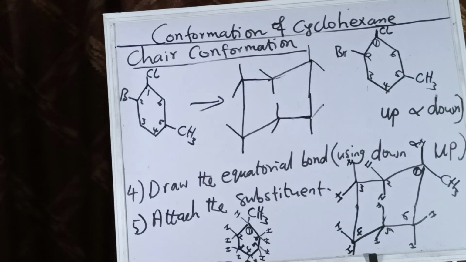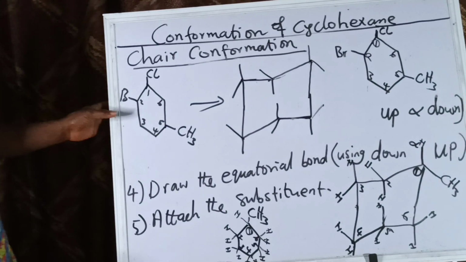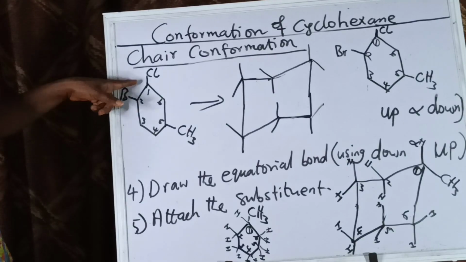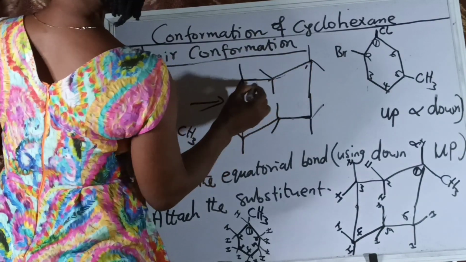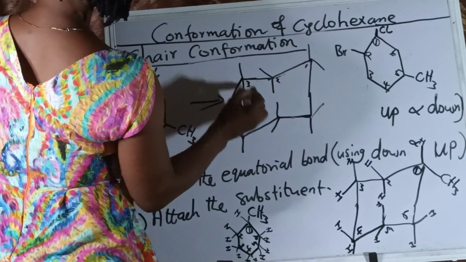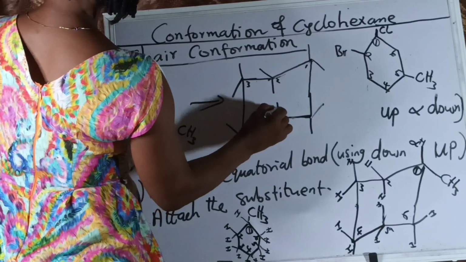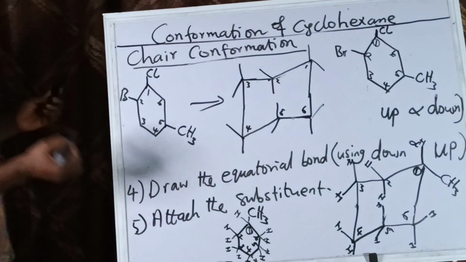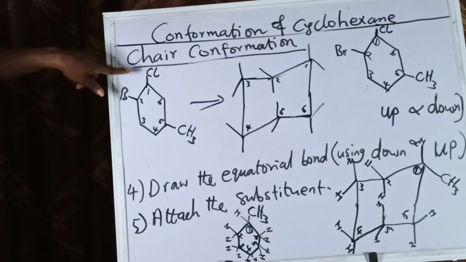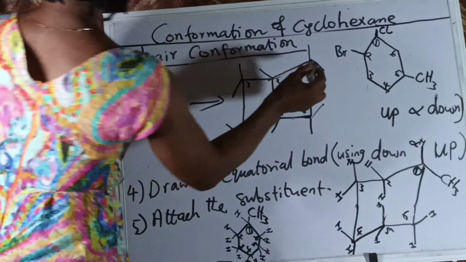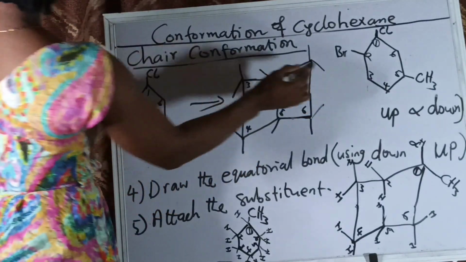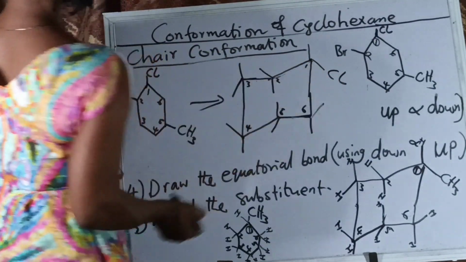Now is to attach our substituents. Already we have 1. Let our 1 be here: 1, 2, 3, 4, 5, 6, right? Now the carbon number 1 here carries the chlorine. This is our chlorine.